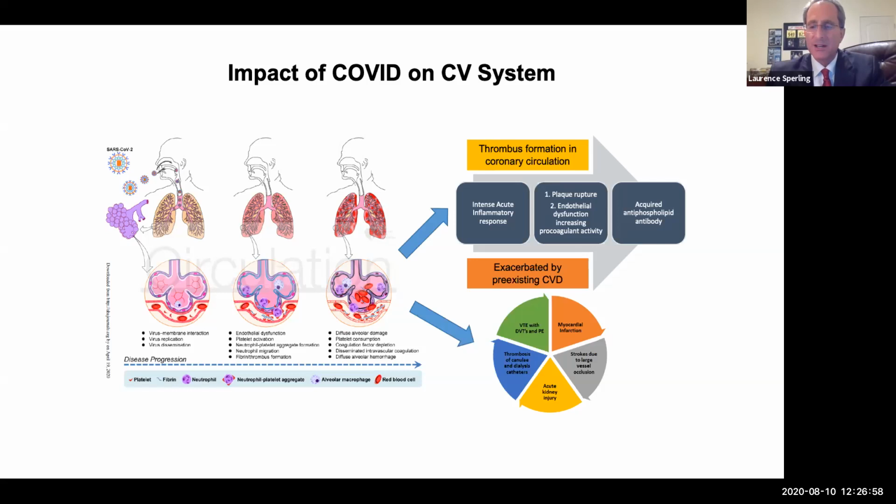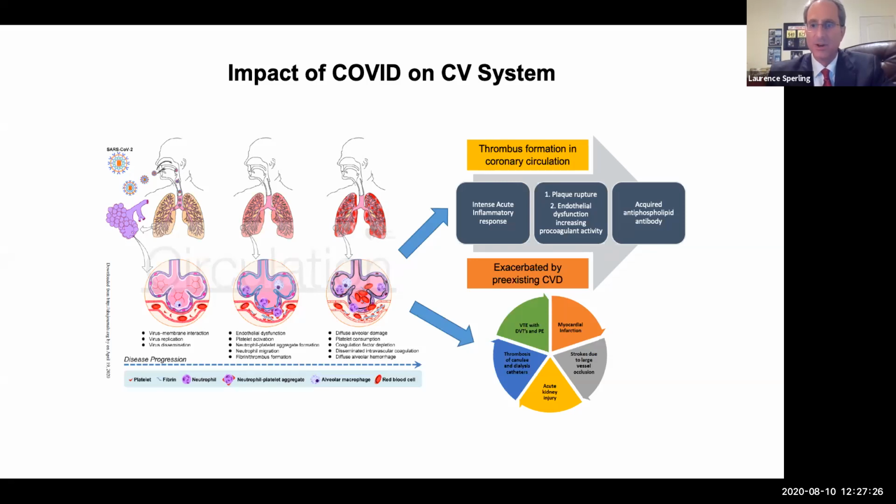Well, we are still on a really, really steep learning curve because initially, with coronavirus, SARS-2, we thought this was primarily a respiratory infection affecting the lungs with a systemic secondary manifestation. And over time, we have learned that COVID has significant impact on the cardiovascular system.